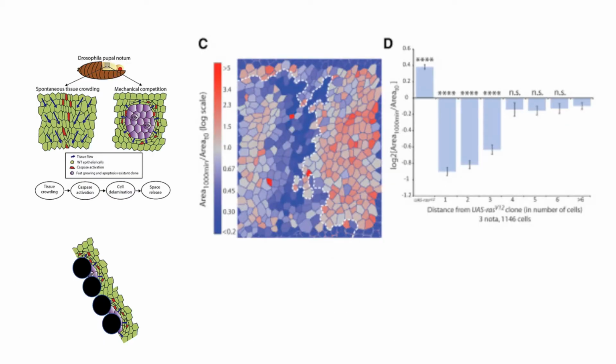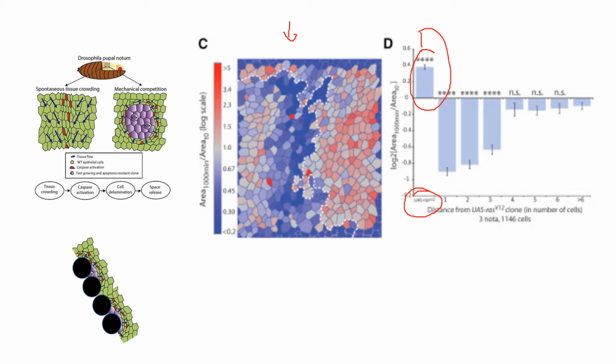And one section of that paper that I think is important is the cell size. They measured in this graph the cell area. So they compare the cell area, and this is the control, when there is no effect.